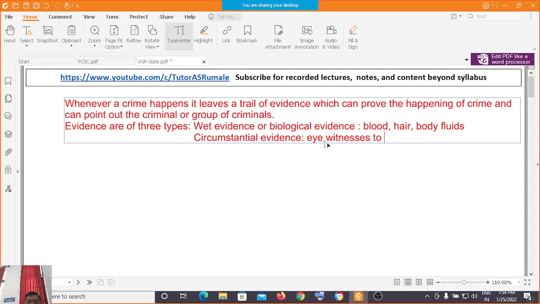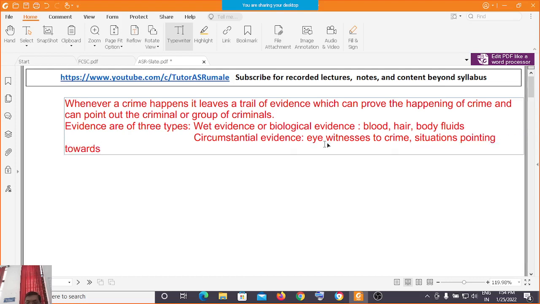Eyewitnesses to the crime, and situations pointing towards the possibility of the crime and the particular criminal.